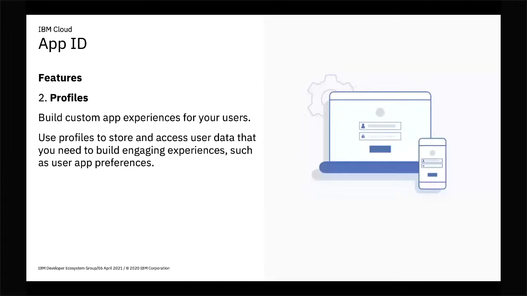Another feature of App ID is profiling. Profiling basically means customizing your user experience. You see this a lot in your day-to-day life. Let's say you visit an e-commerce website, and once you're logged in, you might see some of the products which you already bought, some recommendations, and some of the products which you last visited but did not finish buying.